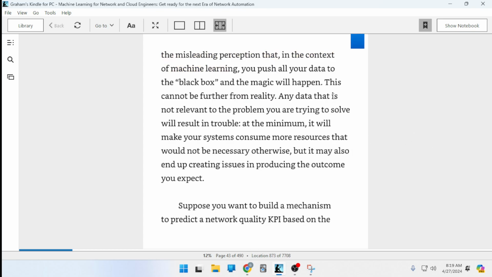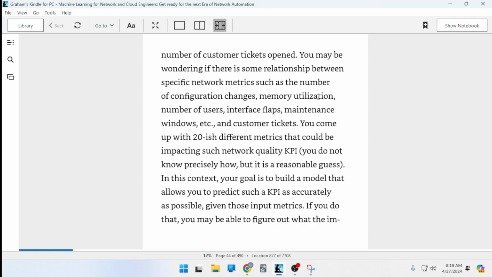Suppose you want to build a mechanism to predict a network quality KPI, which stands for Key Performance Indicator, based on the number of customer tickets opened. You may be wondering if there is some relationship between specific network metrics, such as the number of configuration changes, memory utilization, number of users, interface flaps, maintenance windows, etc., and customer tickets.